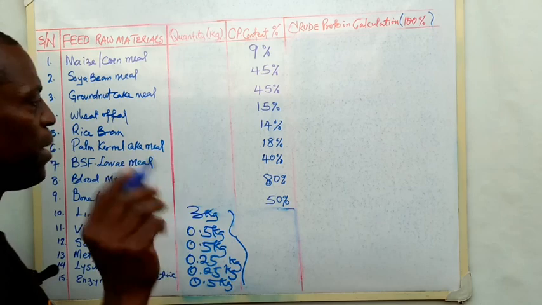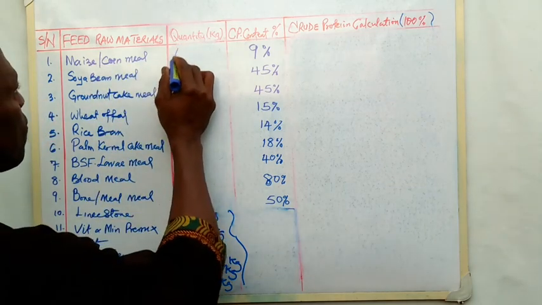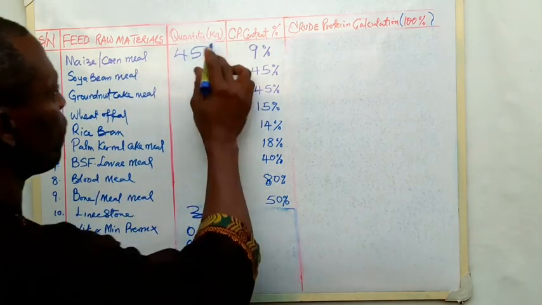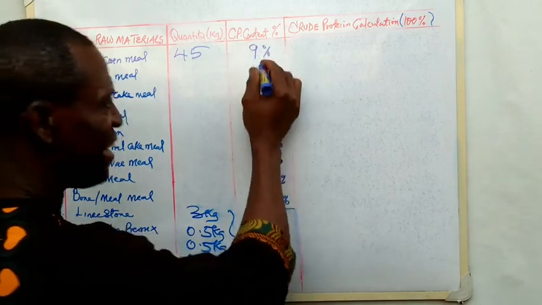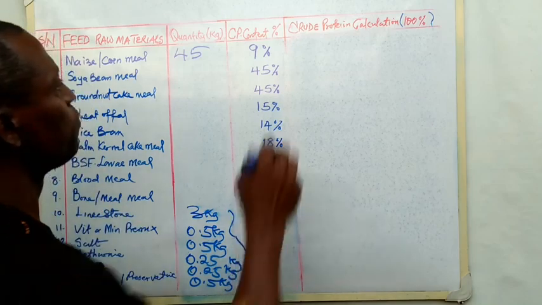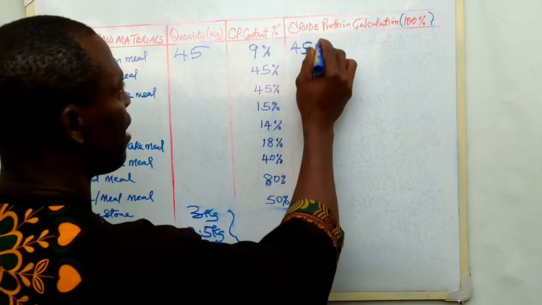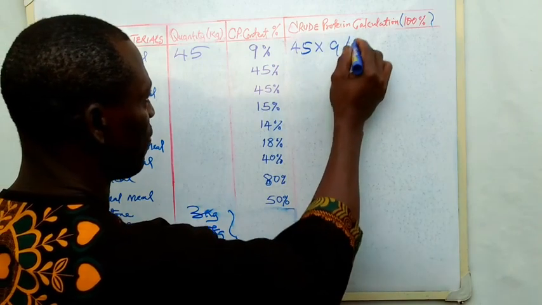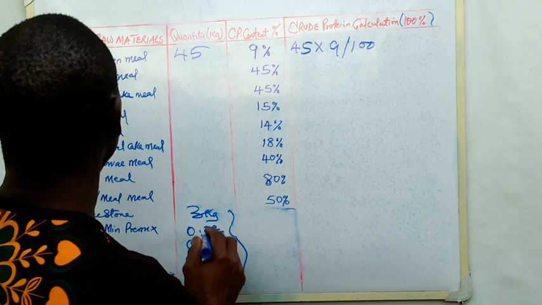Now let's get there. Maize, we are using 45. 45 times 9. 9 is the original crude protein content of white corn. 45 times 9 divided by 100.